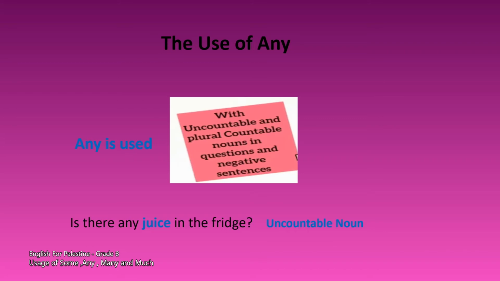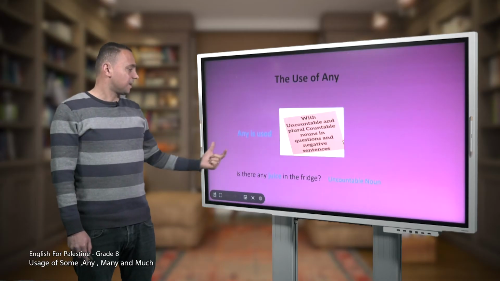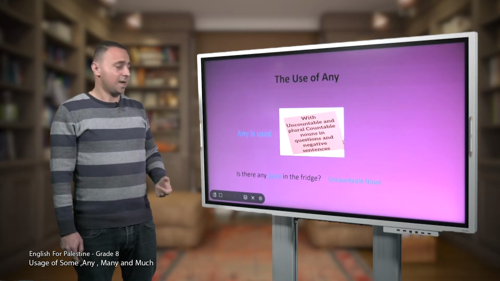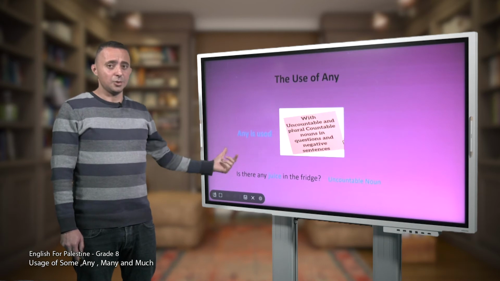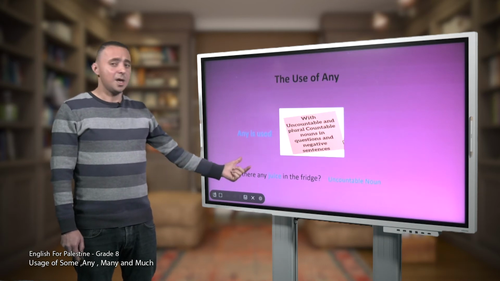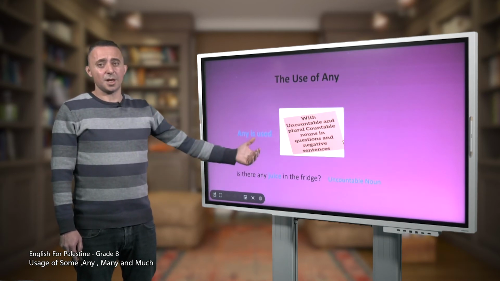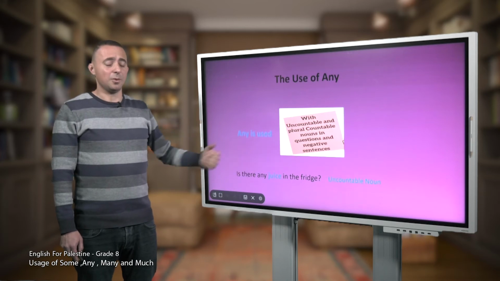Is there any juice in the fridge? Notice the word juice is an uncountable noun, and the sentence here is a question. That's why we use any, followed by the word juice, which is an uncountable noun.